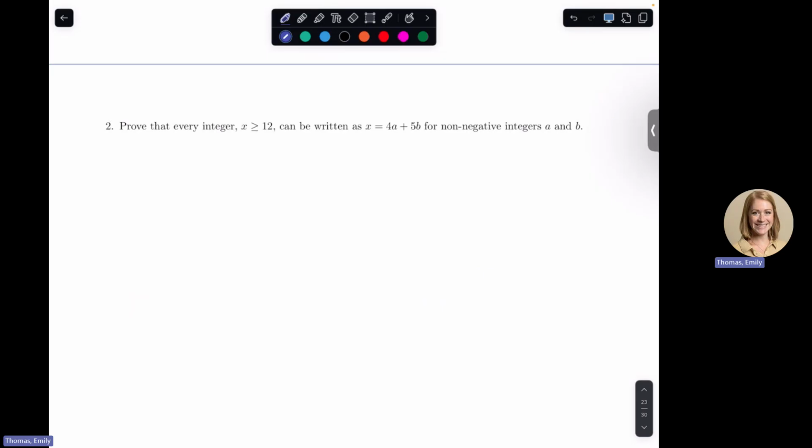Your regular induction would say, okay, well, after that, maybe that's not the one we should use. It's because we can't use negative integers. If you wanted to say this was true for any a and b, I think you can make it work.